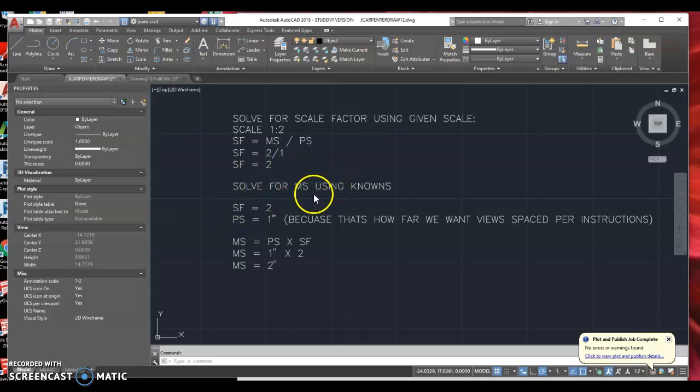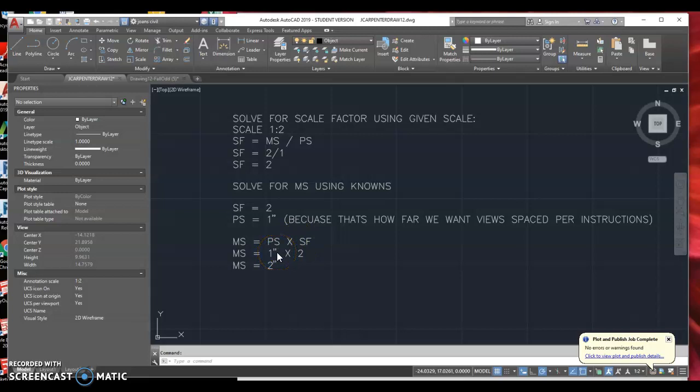Now I'm going to solve the scaling equation with my scale factor of 2 plus the fact that I know that I want the Paperspace distance to be 1 inch. So I flip the equation around so that I'm solving for model space, which is equal to Paperspace times the scale factor.